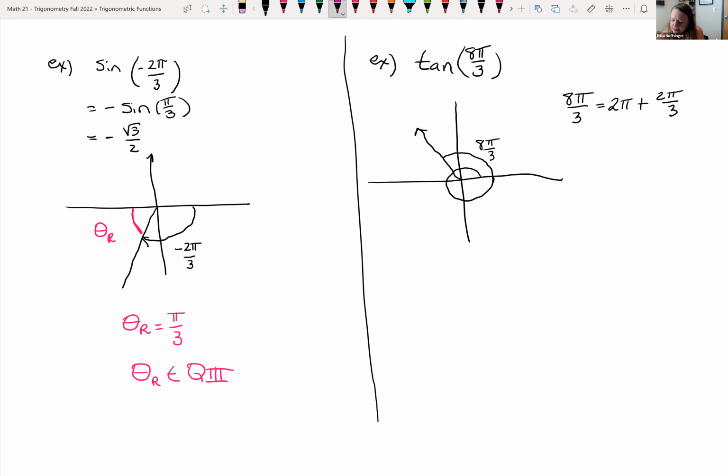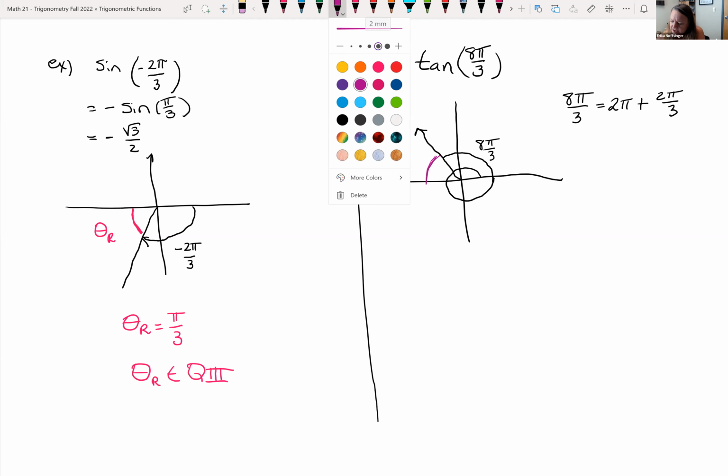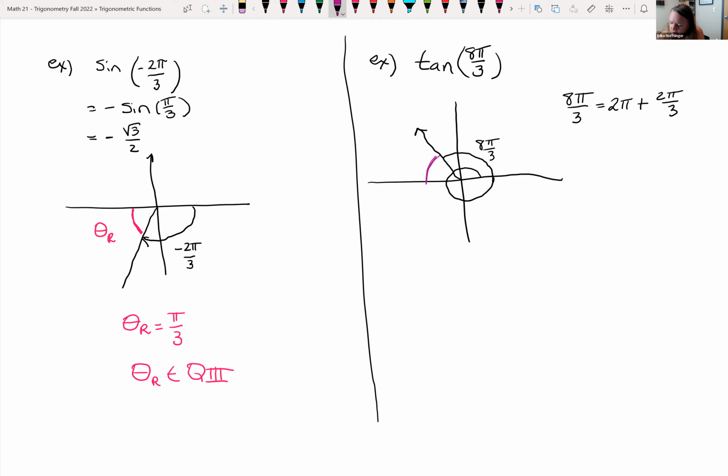So this is actually 8 pi thirds. So our reference angle, again, is forming with the terminal side and the negative x-axis in this case. And so we have theta sub r. So thinking of how much more I need to get up from 2 pi thirds to pi, I need another pi thirds. And so my theta sub r is pi thirds.